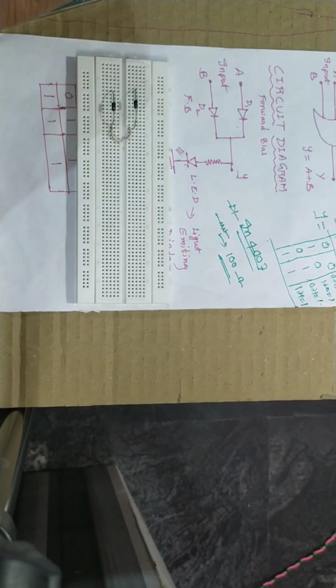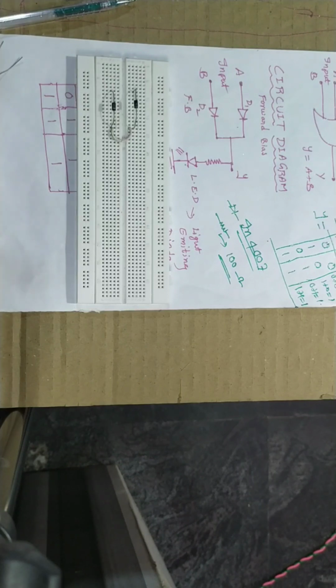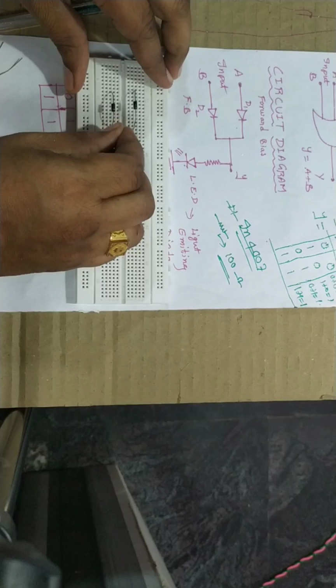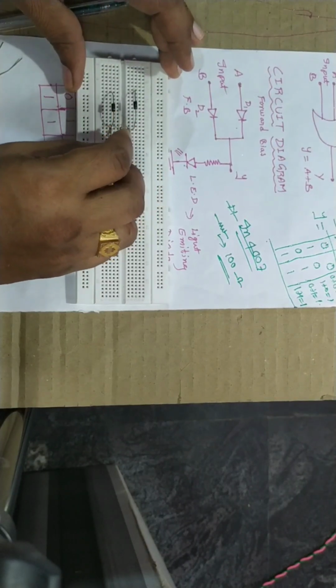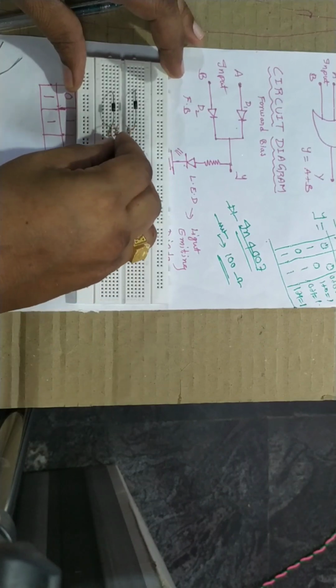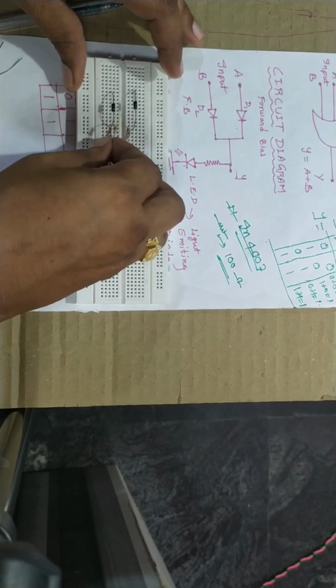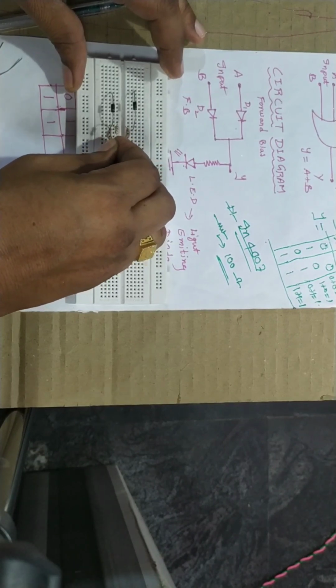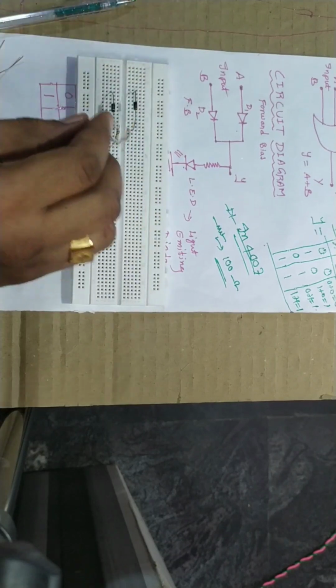Next, one resistor, a 100 ohm resistor, I am going to connect. Somewhere you have to take it here. Okay, the resistor is also connected.